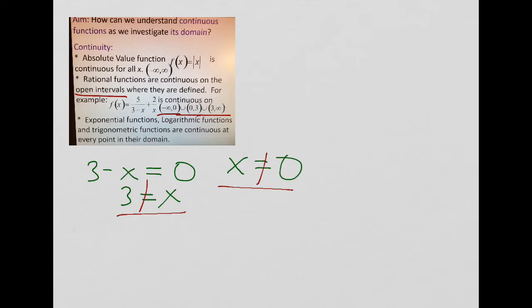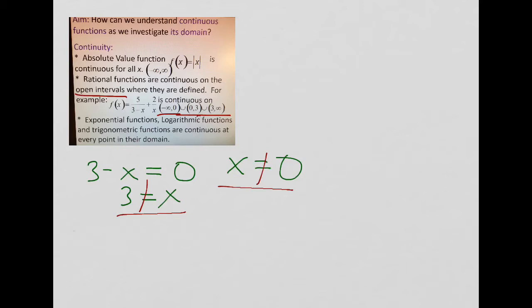Okay? So now it says here exponential functions, logarithmic functions, and trigonometric functions are continuous at every point in their domain. So you have to know where your asymptotes are for exponential functions, log functions, particularly log functions because they're vertical asymptotes.